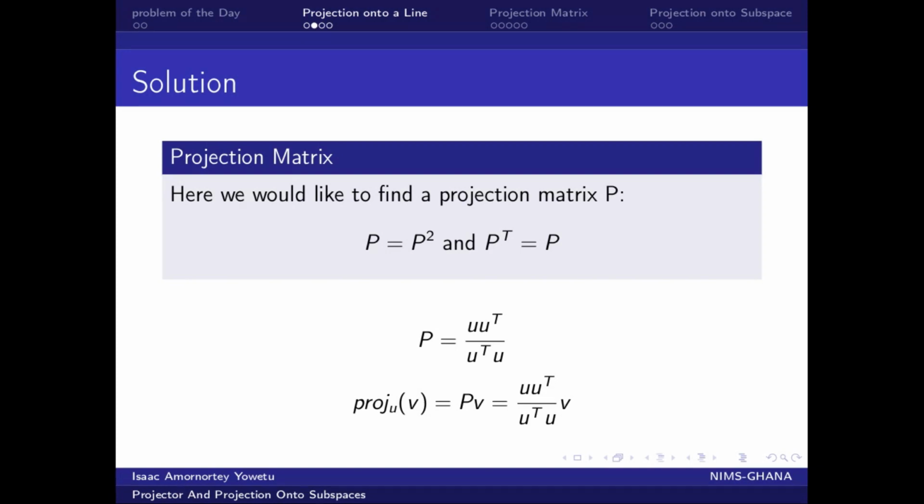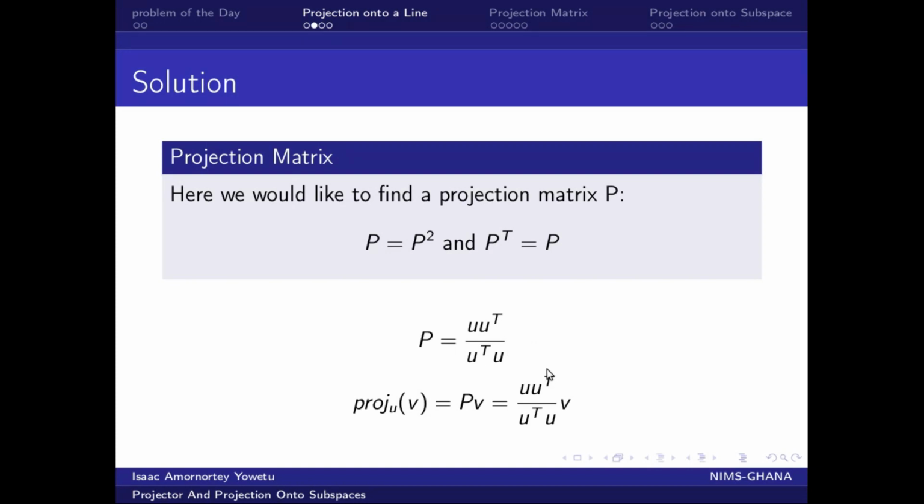Since we are dealing with vectors, to find our P, we take U times U transpose all over U transpose U. In other words, we look at the outer product over the inner product.